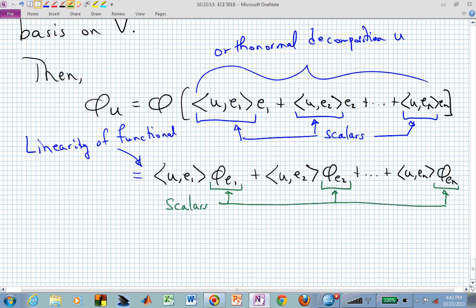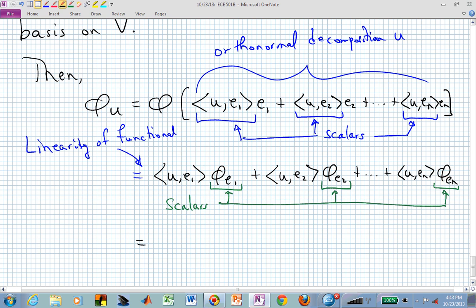And what I want to do now is bring those inside the inner product, and put those into the second slot of each inner product term. So if this is a scalar, phi of E1, and I slide it into the second slot of an inner product, what happens to that scalar? Do you remember? It's going to be the complex conjugate, isn't it? If I put it in the first slot, it would just be the scalar. But I don't want it scaling U. I actually want it operating on E1. This is a vector, E1.